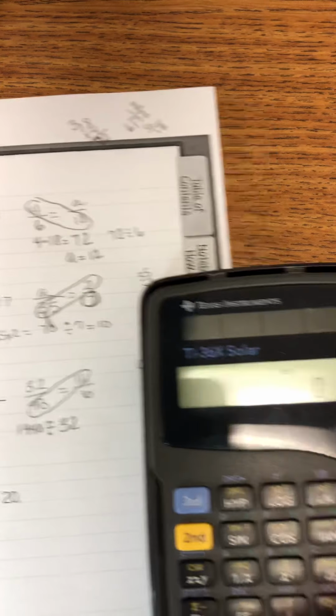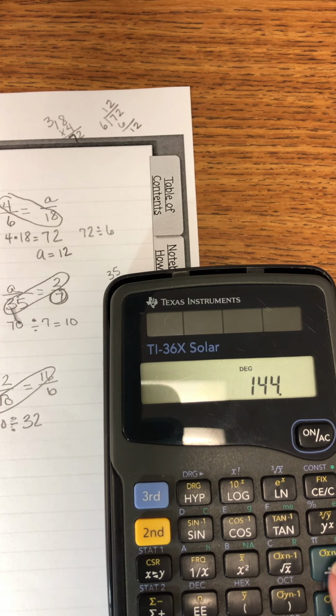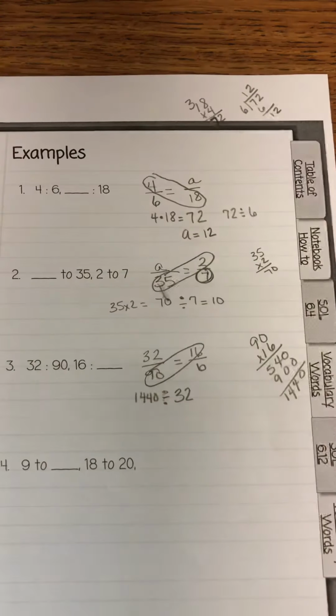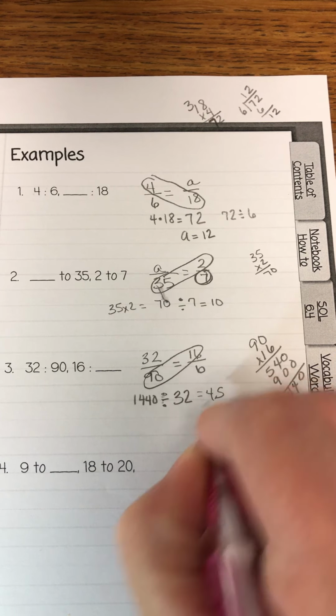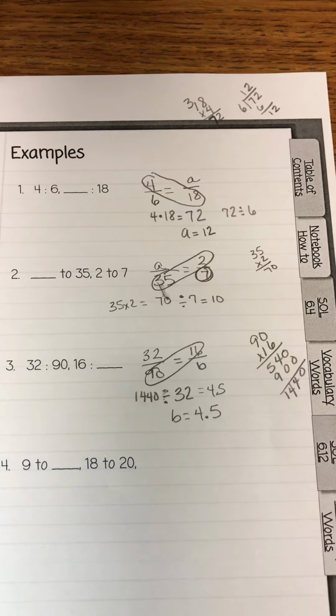All right, so now you're going to do 1,440 divided by 32, and that's going to equal 45. And you know what? Sometimes you have decimals, and it's okay. It really is okay. So B is going to be 4.5. It just happens like that sometimes.